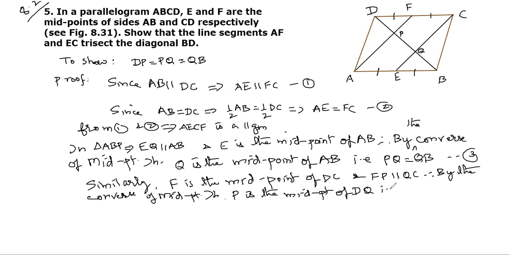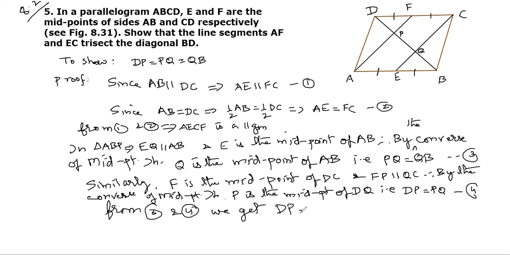Q is the midpoint of DP, that means DP is equal to PQ. So from third and fourth, QB is also equal to PQ, and DP is also equal to PQ. So therefore they all are equal. From third and fourth, we get the result DP is equal to PQ is equal to QB.